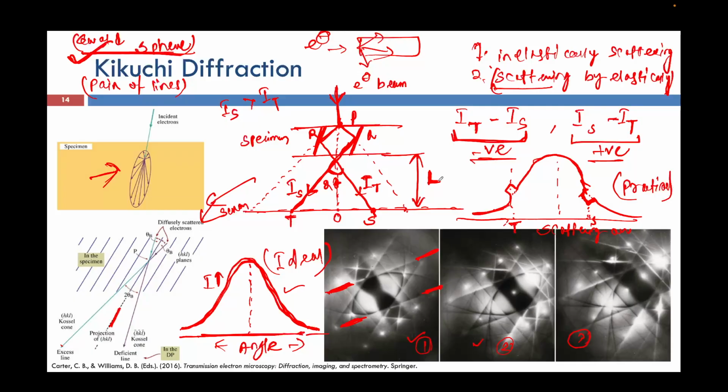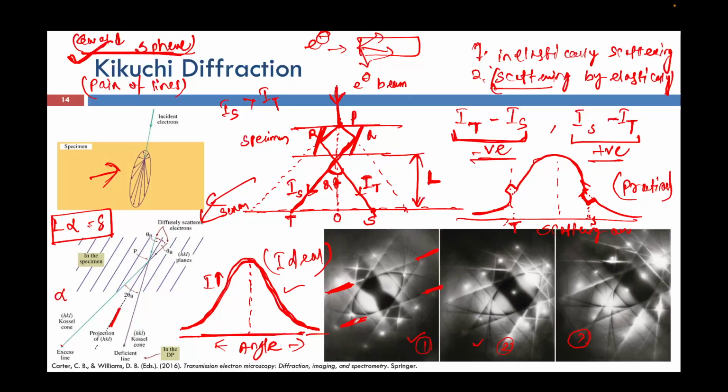If we tilt the specimen by an angle alpha, the total Kikuchi lines will move by a distance of L alpha, let's say delta. So tilting the specimen gives different Kikuchi lines, and by indexing those lines, we can relate each line to a certain set of planes.